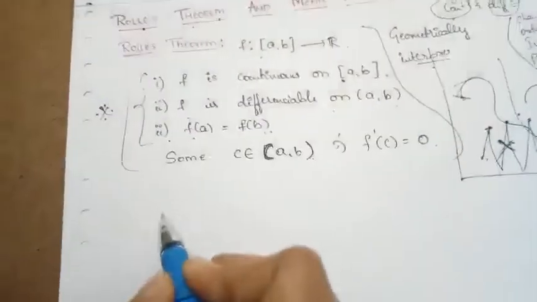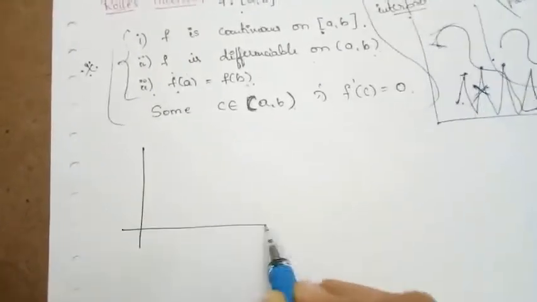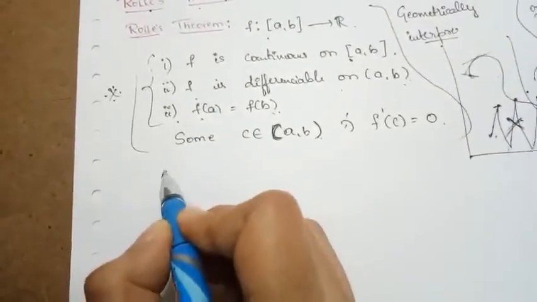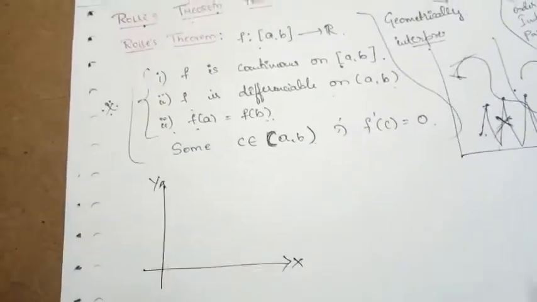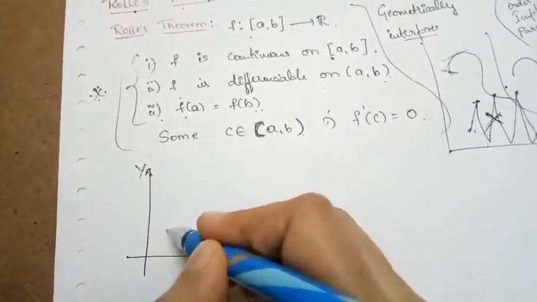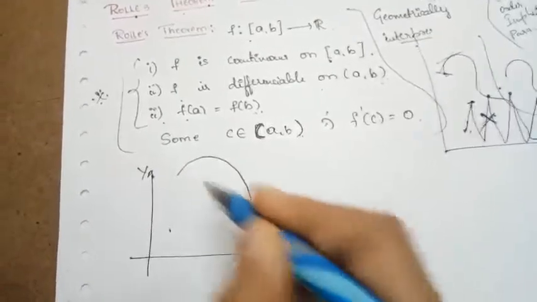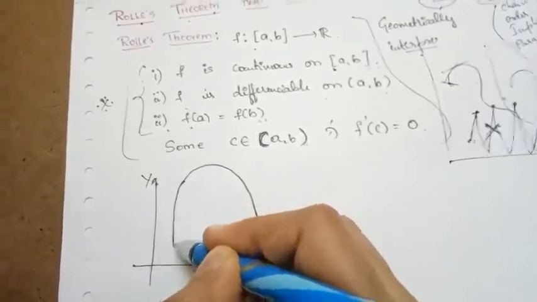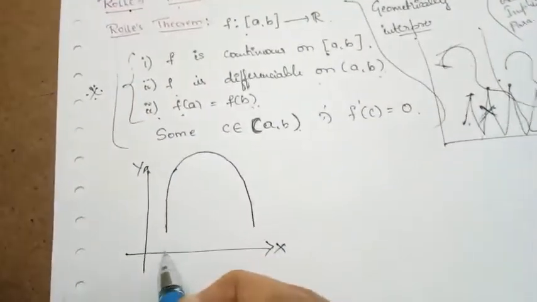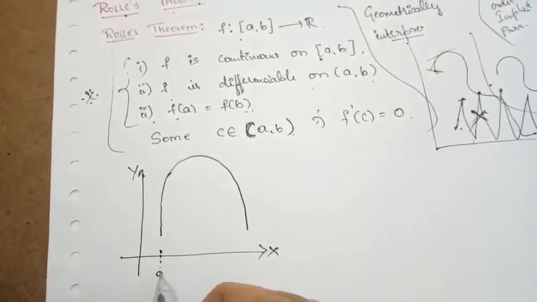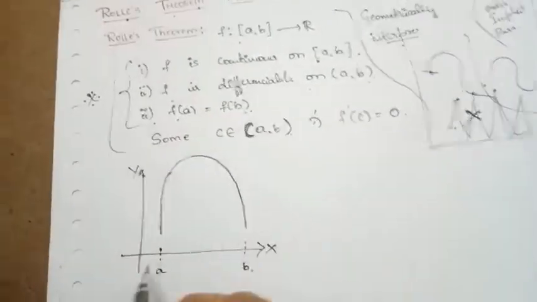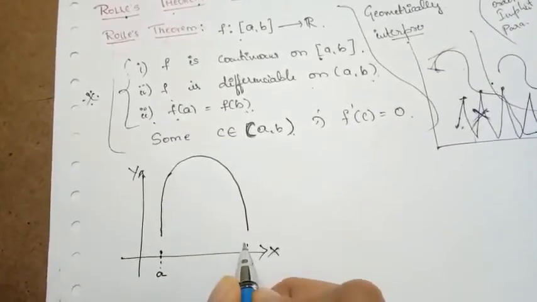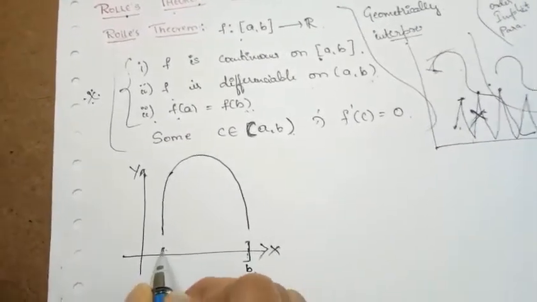all the three conditions. If I try to draw a graph which satisfies all the three conditions, it might be like this. You can see here, this is our point A and this is our point B, a closed interval [A, B].